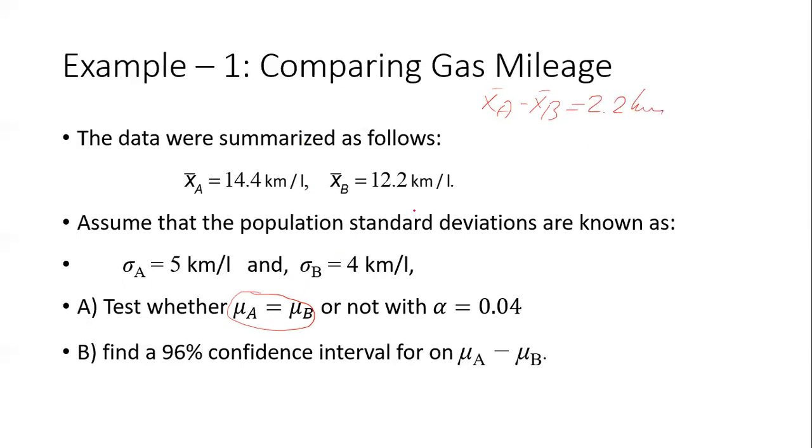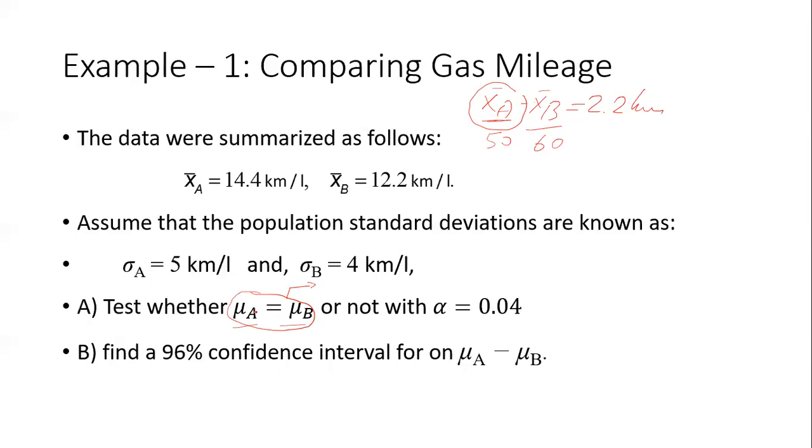That's because this is the average of a sample of 50 cars, and this is the average of a sample of 60 cars. These are the averages of samples. The question is not regarding the samples. The question is regarding the parameters themselves. What does this mean?